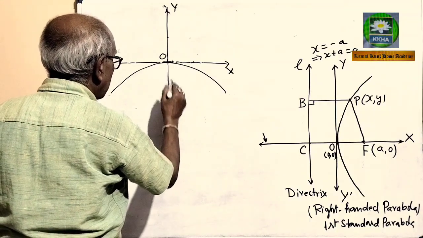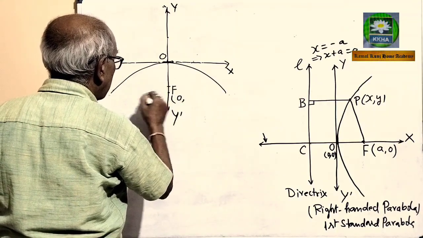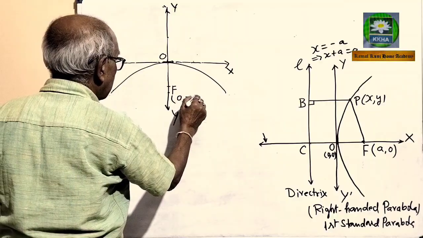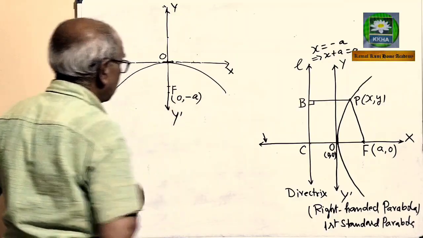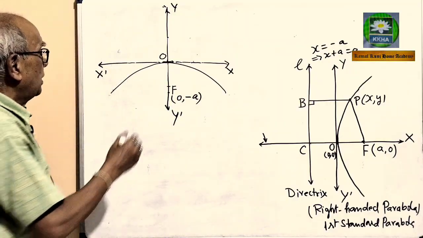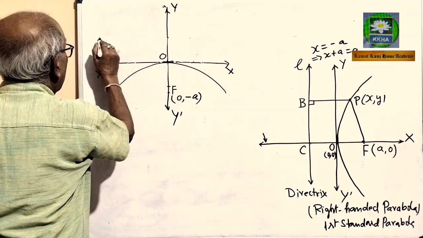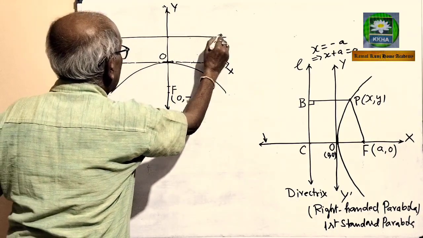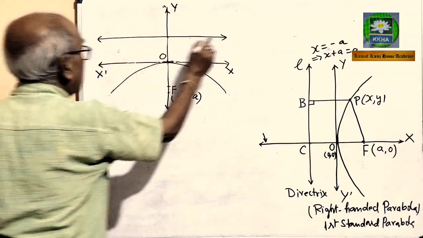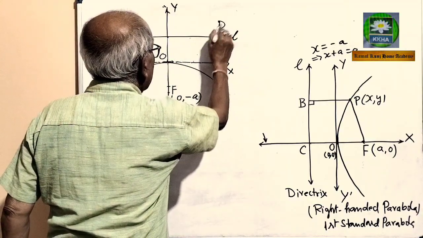Coordinate will be x equal to 0 and this is minus a. This is the coordinates of focus, and directrix will be the line L, that is directrix.